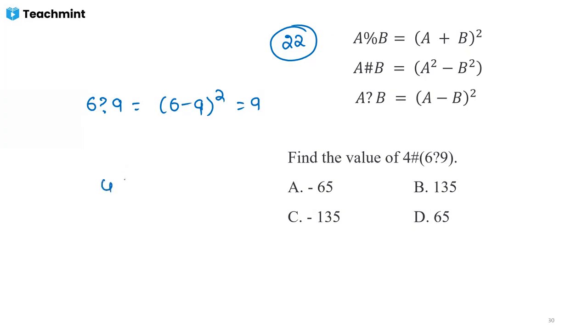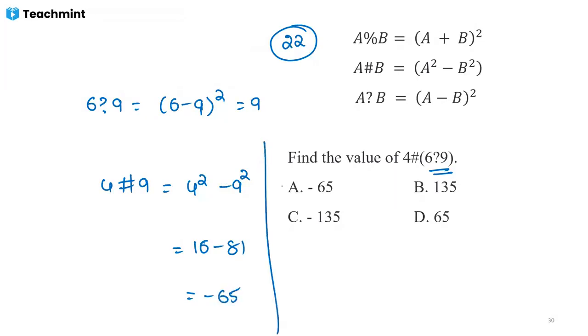Then 4 hash 9 we have to calculate, because we got this value 9. This is 4 square minus 9 square, 16 minus 81, you got minus 65.